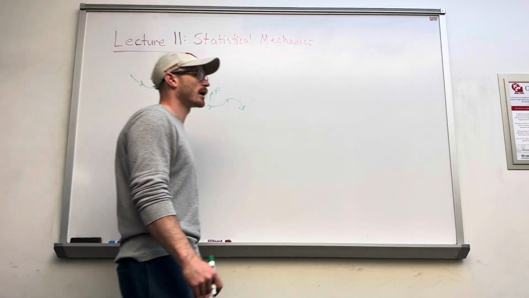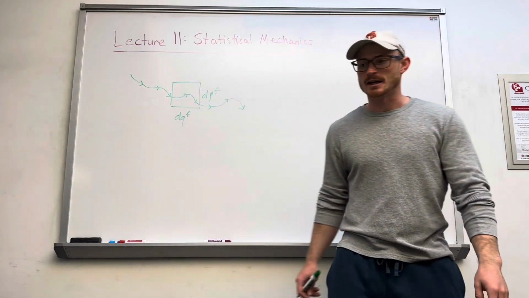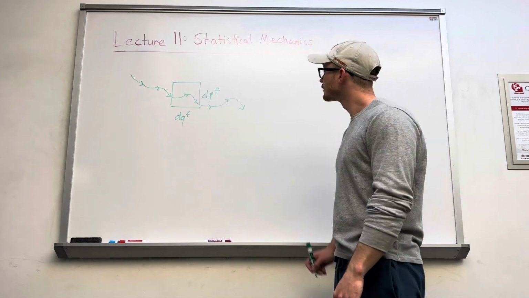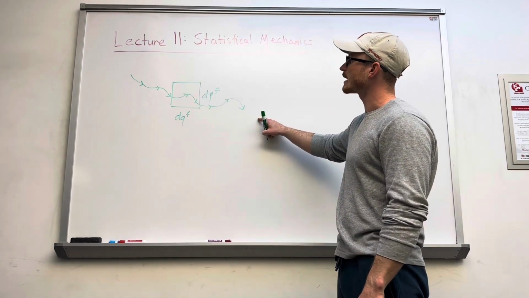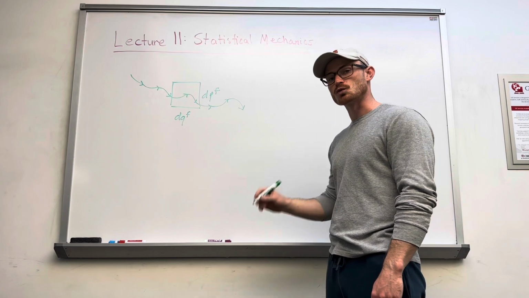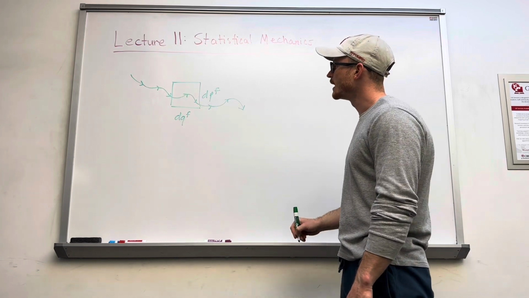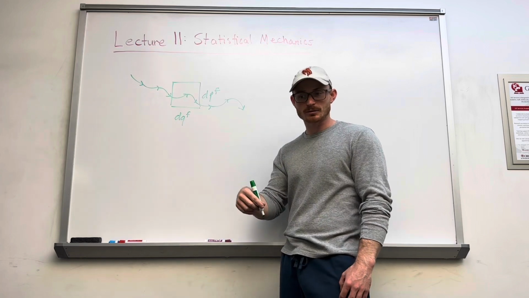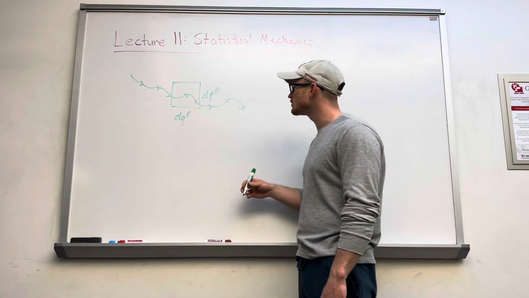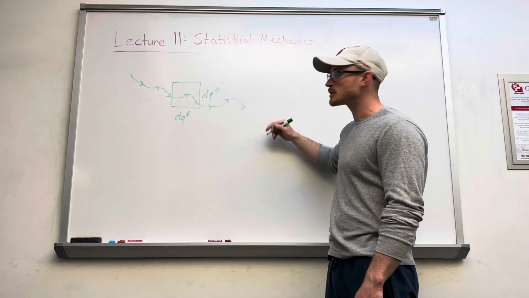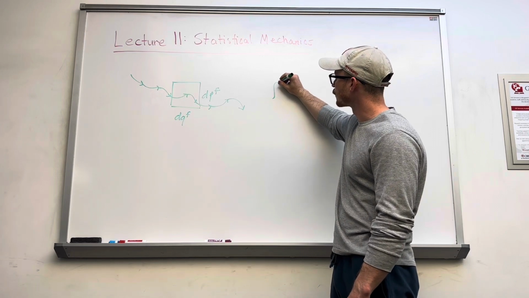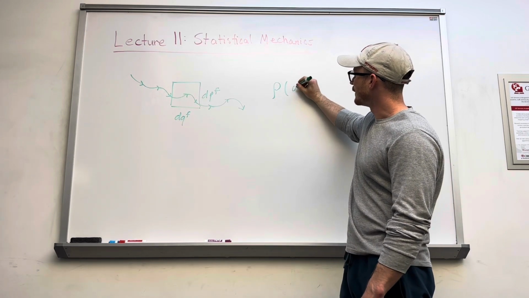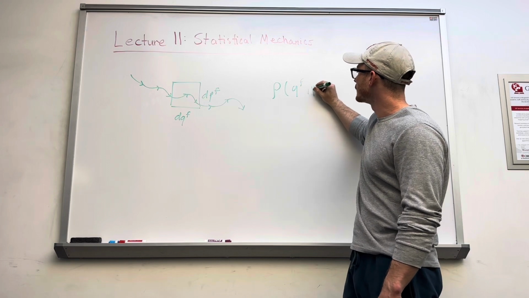Well, you might say, okay, one thing that makes sense is if I sat here and looked at the system for an extremely long amount of time, how much time is it in the cube versus not in the cube, right? So that's a pretty intuitive way to think about it. And we're actually going to define a function called rho, and this is going to be a function of the QF, PF, and T's.